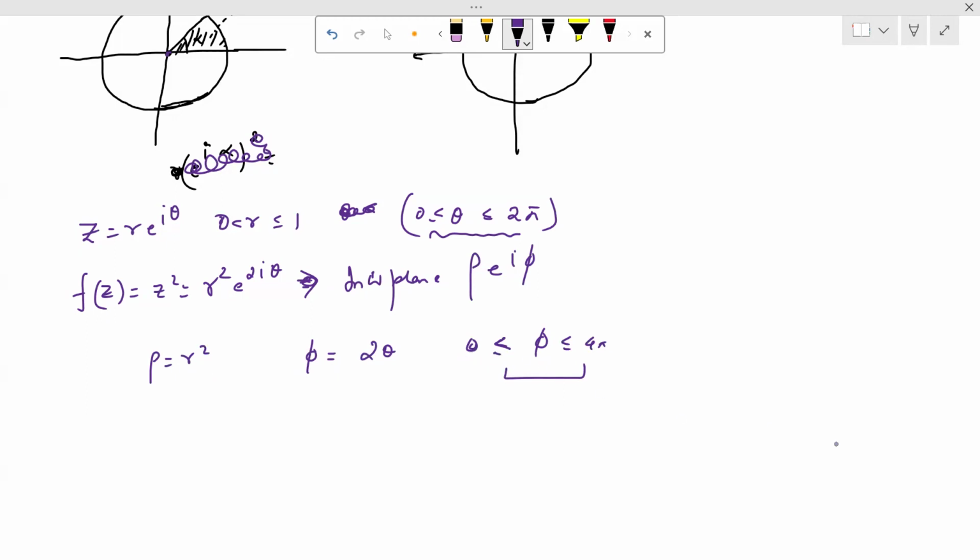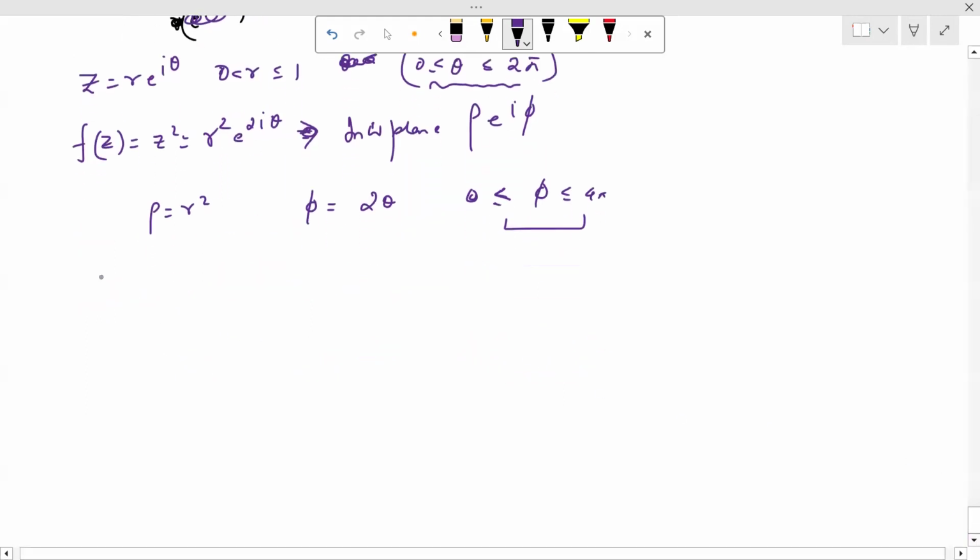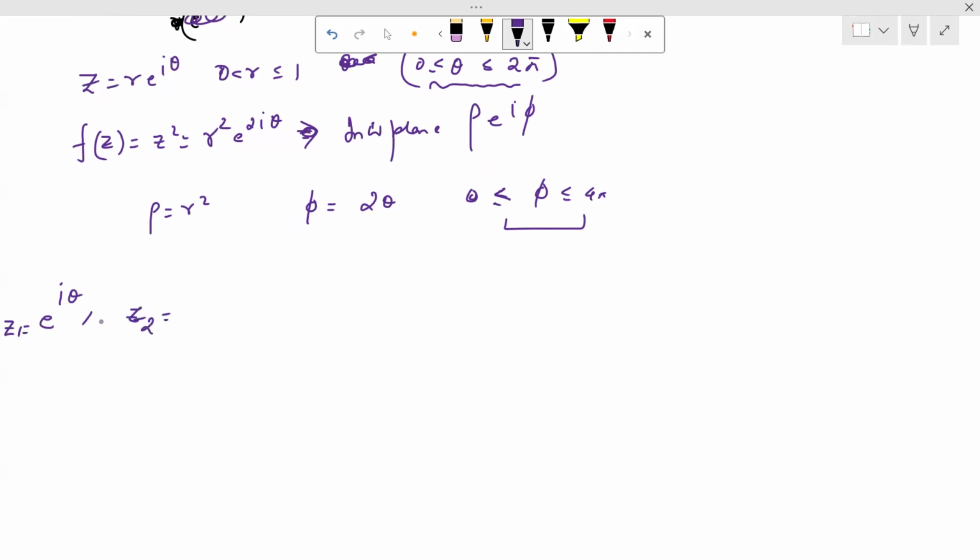Now let me take two values. I'll take a complex number z1, which is r e^(iθ), where r obviously lies between 0 and 1. Obviously it lies inside the circle.